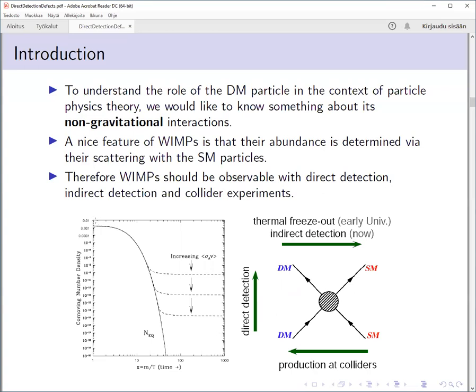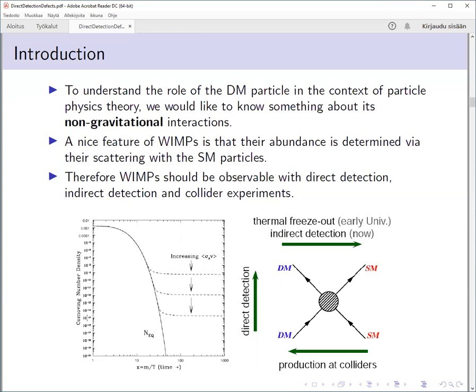So then you have a bath of particles that all are scattering off each other, so that every particle species has an equilibrium distribution. Then as the universe cools down and expands, the number densities of the particles become smaller and smaller, and at some point the particles no longer find each other, so the scattering stops.